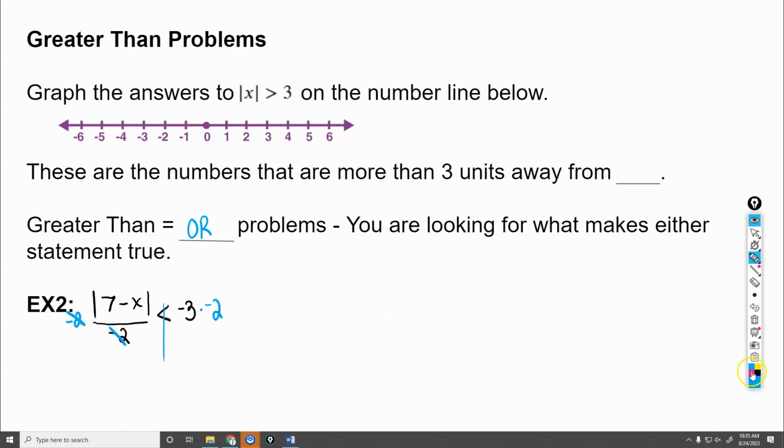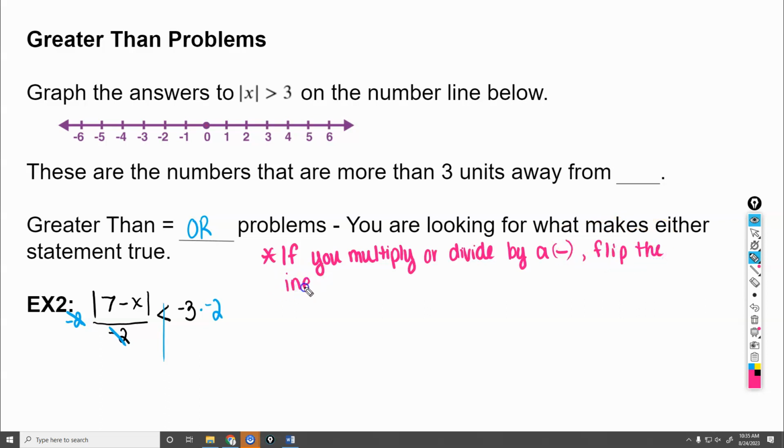And I'm making you do this because if you multiply or divide by a negative number for this problem, you have to flip the inequality sign.